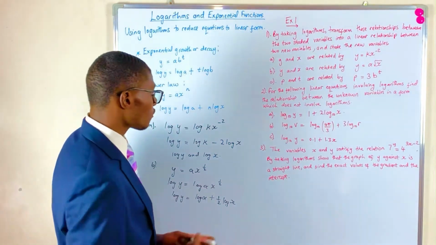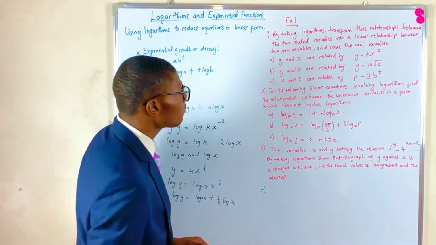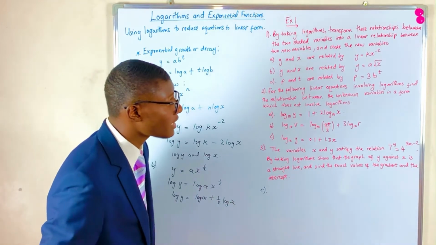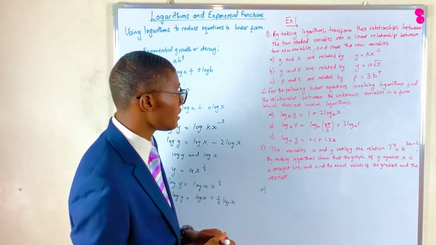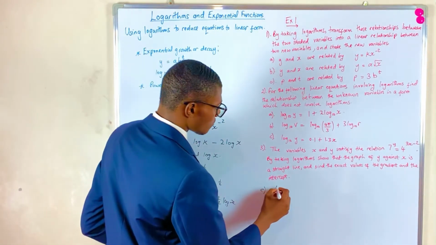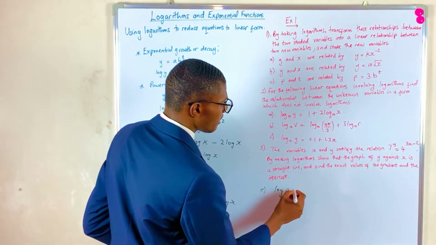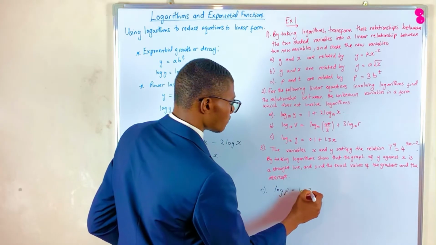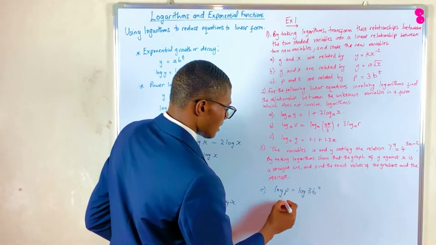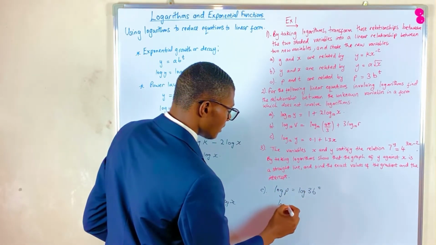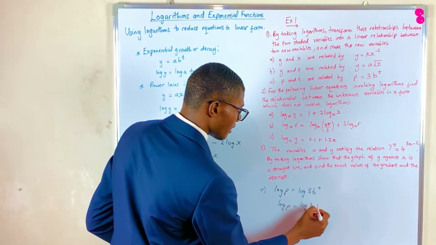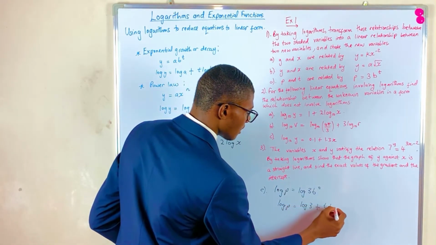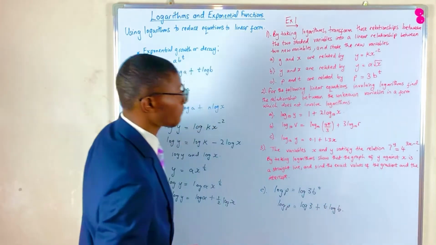And now moving on to part C. For part C, you've got p and t that are related by p is equal to 3b to the power of t. So introducing logs both sides, we're saying log of p is equal to log of 3b to the power of t, such that log of p is equal to log of 3 plus t log of b.